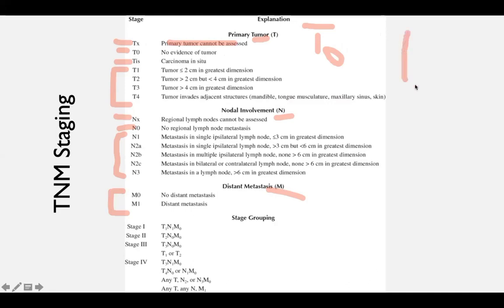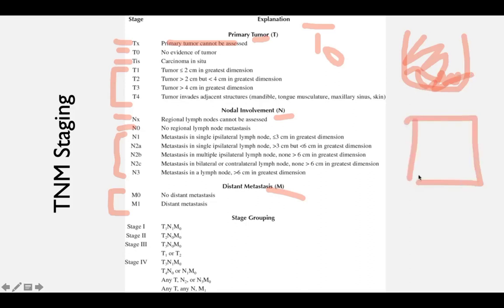For example, you have an ulcer, indurated and granular, and you take a biopsy, and in the biopsy you did not see the islands or whorls of those cells, or squamous cell carcinoma, so no evidence of tumor will be this.